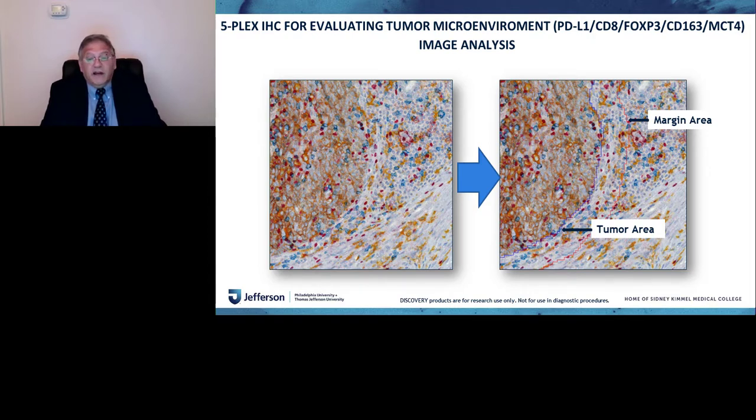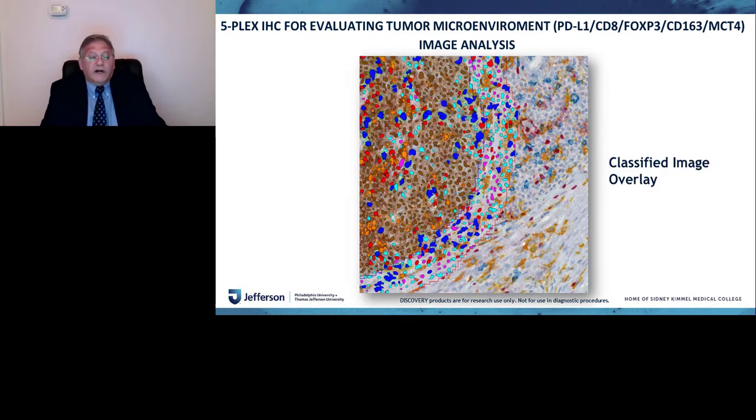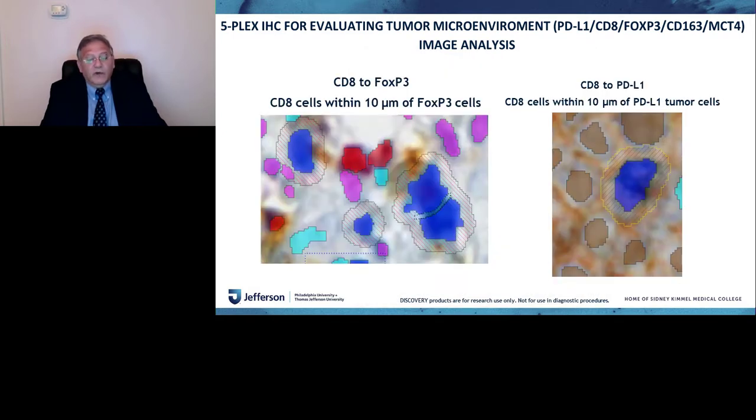And then after the algorithm is run, you are going to have a classified image overlay with the different cells identified that you are interested in. And of course, we set some parameters here, like we wanted to see the interaction between CD8s and FOXP3.